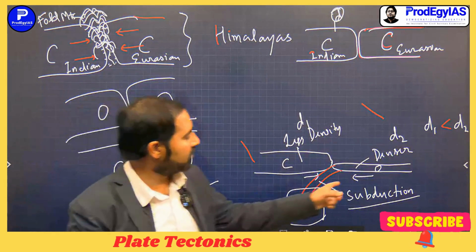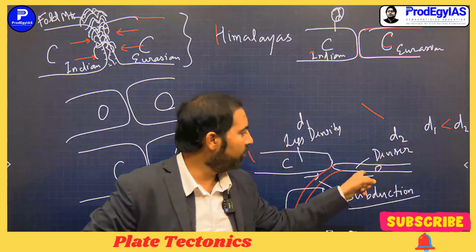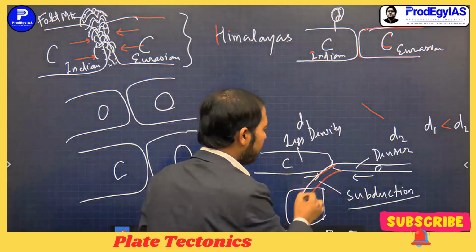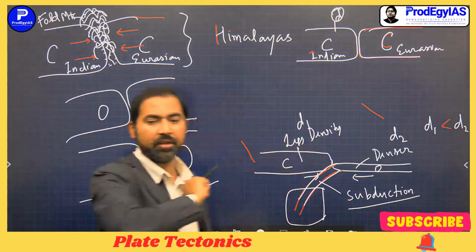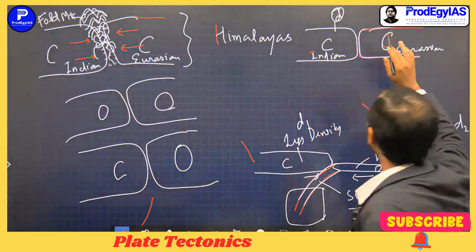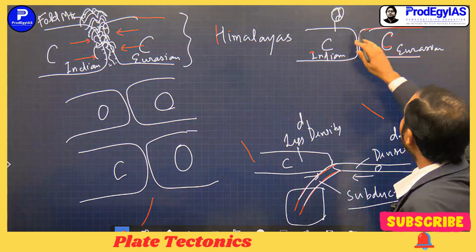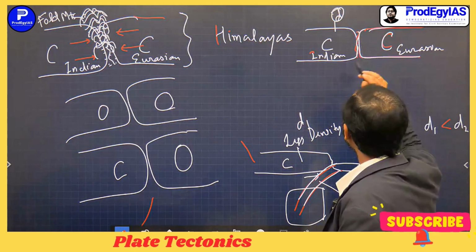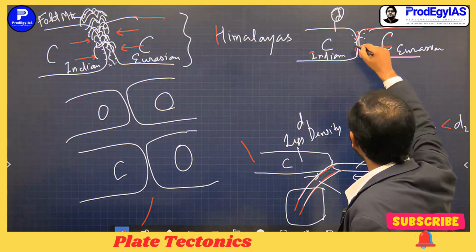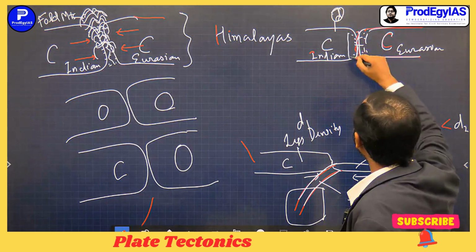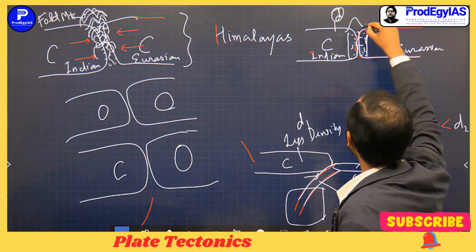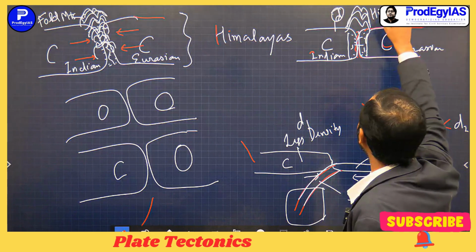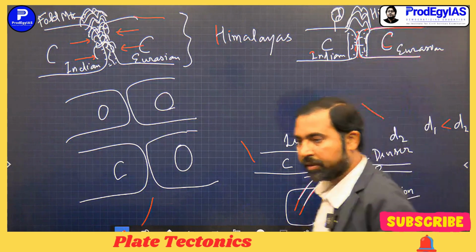Because D2, the density of the oceanic crust, is more, it will go under, and this process is known as subduction. Here, there is no chance of subduction because both plates are equally dense and equally wide. They will only collide. If there is some amount of sediment here, that sediment will be folded, like the Himalayas are the result. Right? Understood?